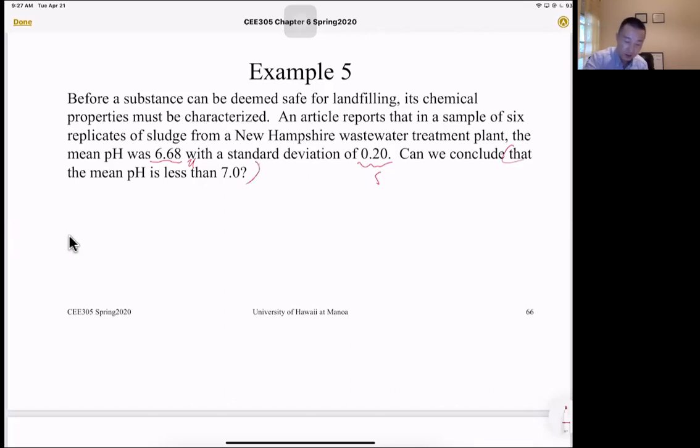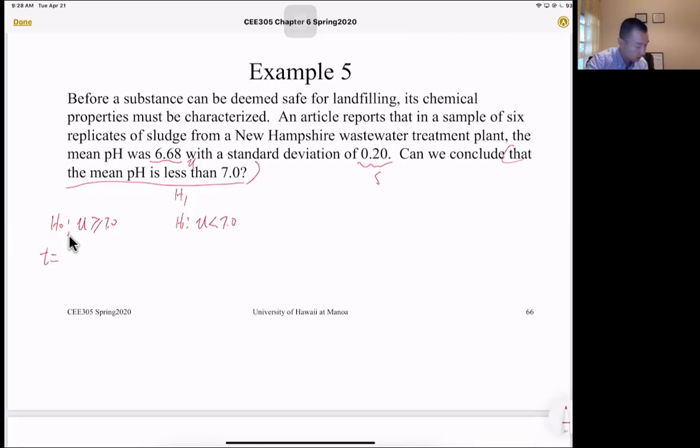Again, this goes to H1. So H1 will be the population mean value less than mu 0, which is 7.0. So H0 will be the mean larger than or equal to 7.0. So we set up mu in H0 and H1. Then we calculate the t-score.